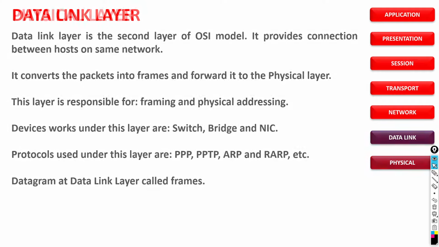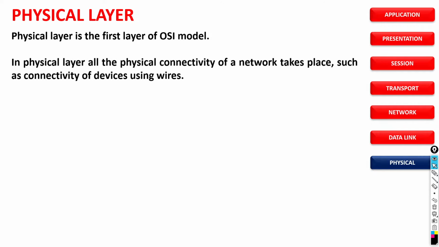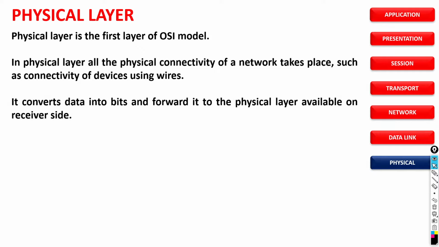Next is the physical layer. The physical layer is the first layer of the OSI model. In the physical layer, all the physical connectivity of a network takes place, such as connecting devices using wire. All the devices that we connect in the network are connected in the physical layer of the OSI model. It converts data into binary bits and forwards it to the physical layer on the receiver side.